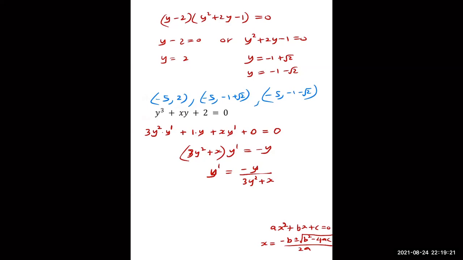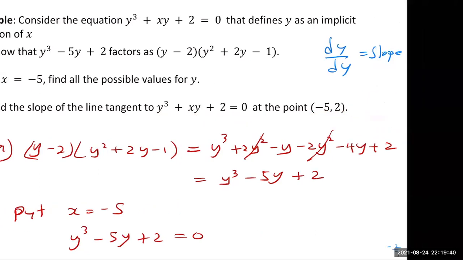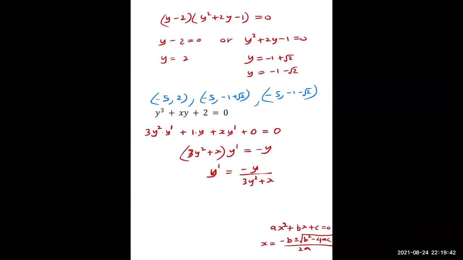Remember, in the problem you are asked to find the dy over dx at a particular point. At this particular point, you are asked to find the dy over dx, or the slope of the tangent to this curve. So that means you need to plug in this point.